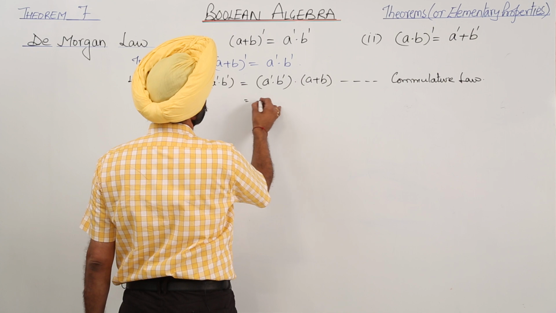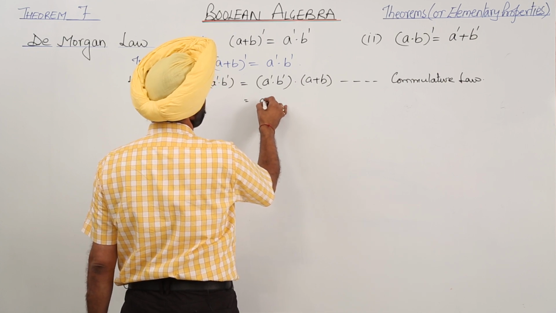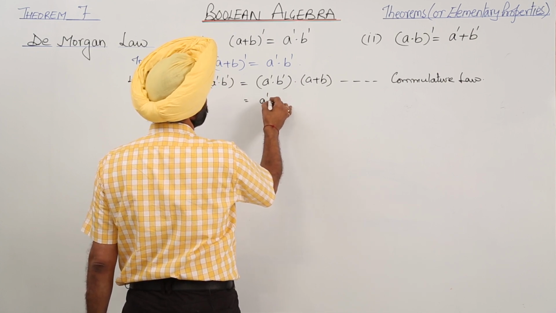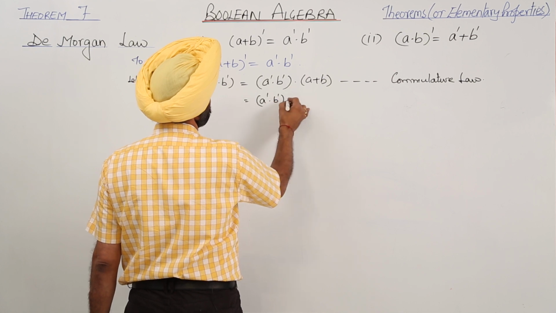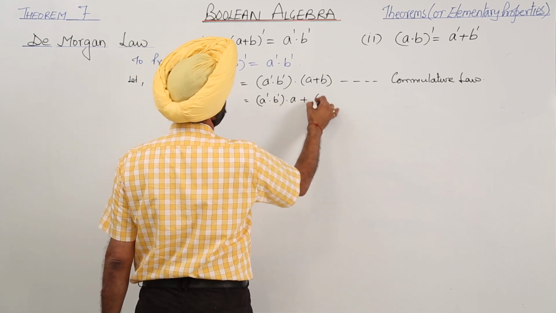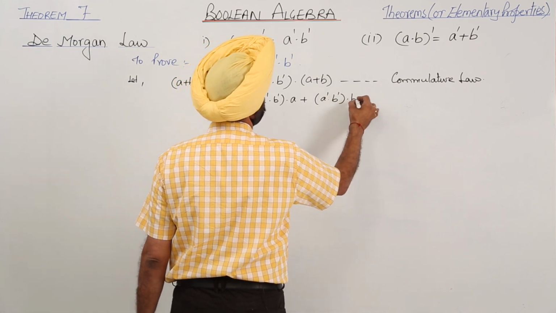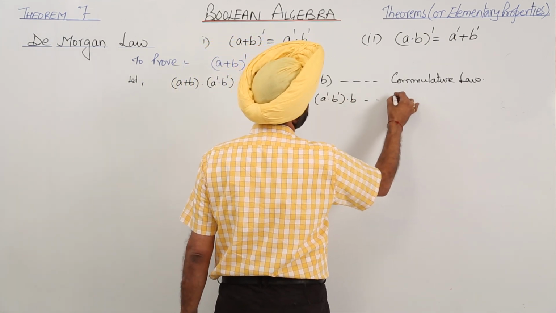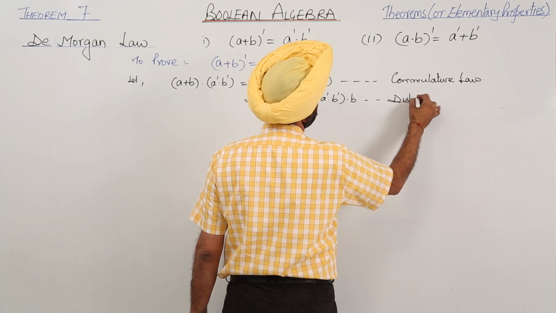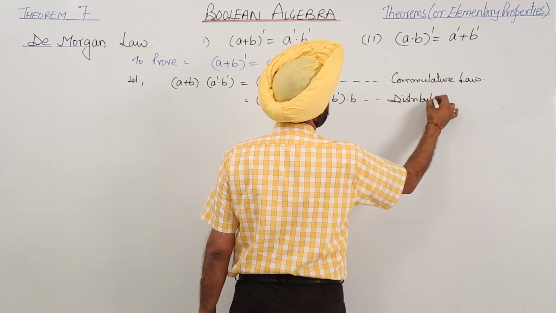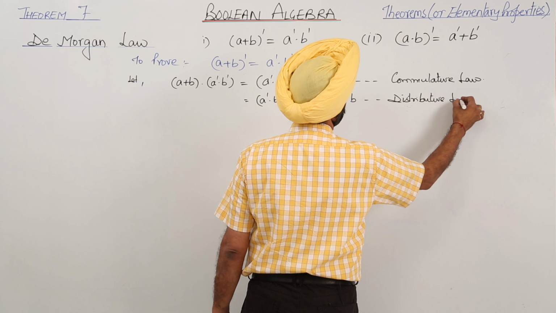Now this becomes what? To this we can write A inverse dot B inverse dot A plus A inverse dot B inverse dot B. Distributive law.